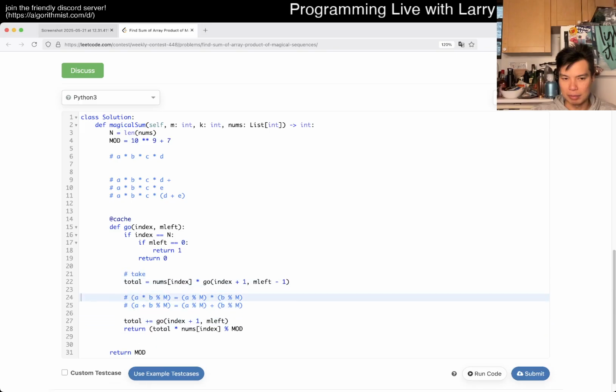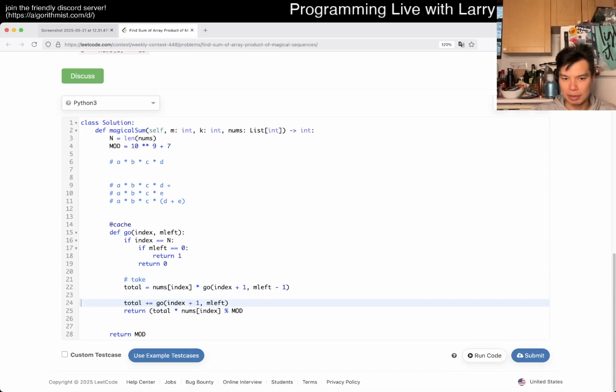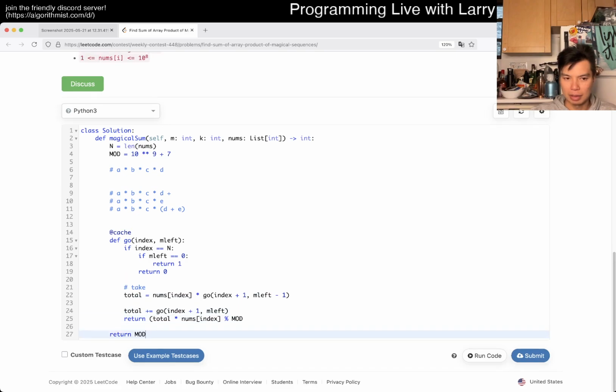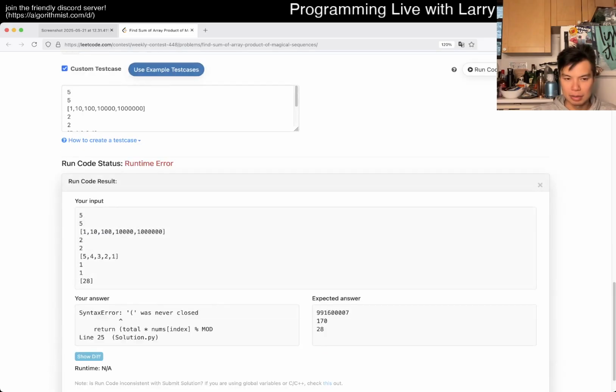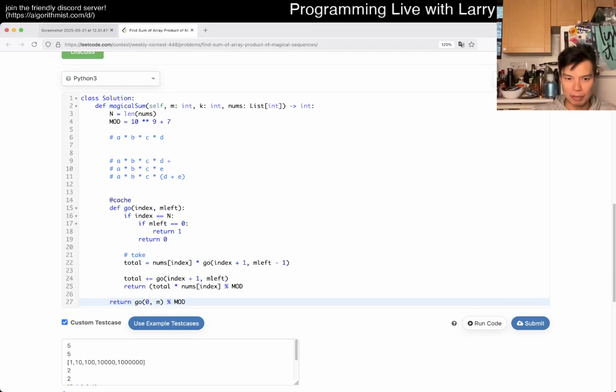Then we sum it up. Okay, maybe that should be good. Let's see. Go 0 m, right? Okay, we have to close out parens apparently. Apparently a big thing in programming.